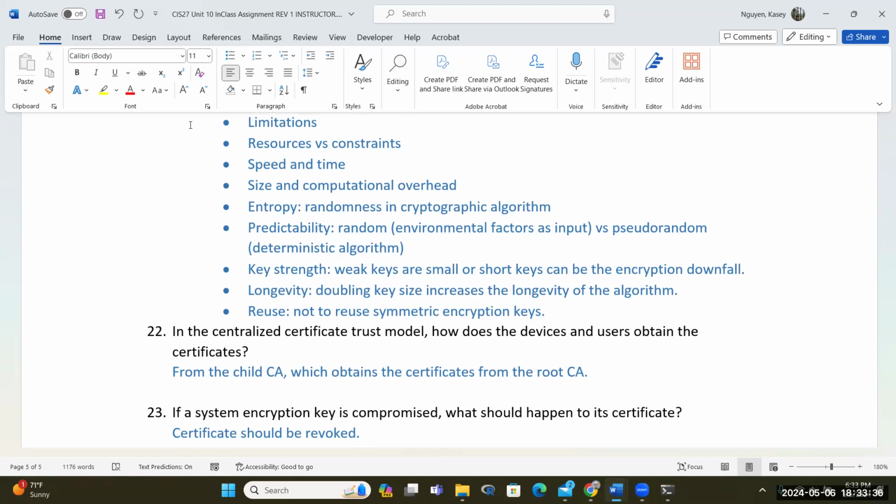And we can set up the certificate with a configuration that would tell when it's expired, or when you can revoke a certificate. That means we can take that away from a certain system.